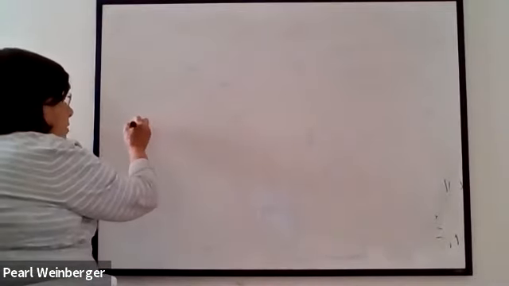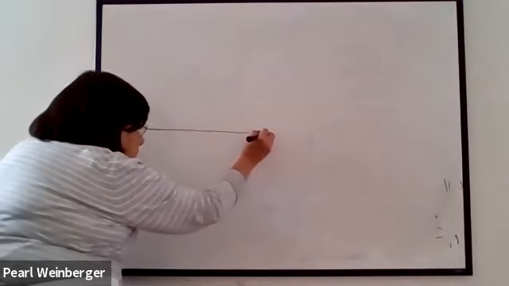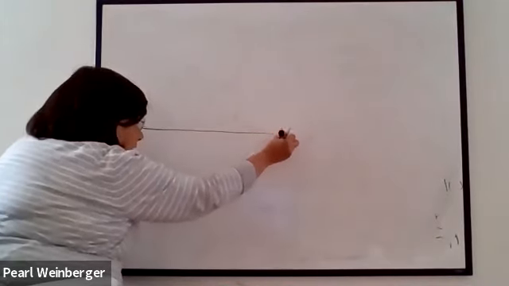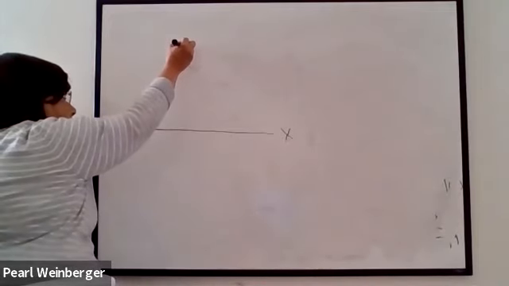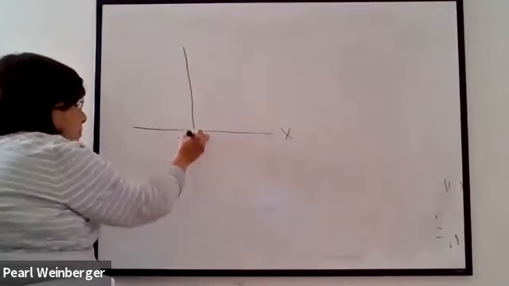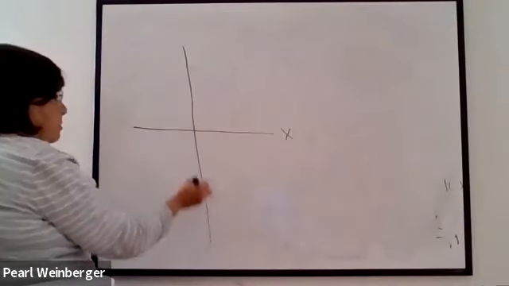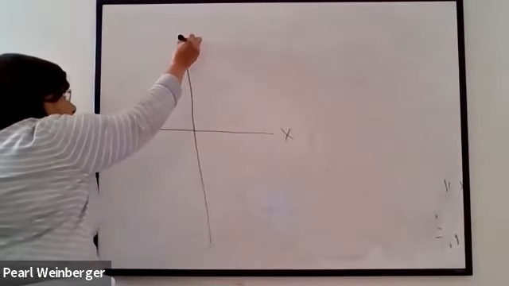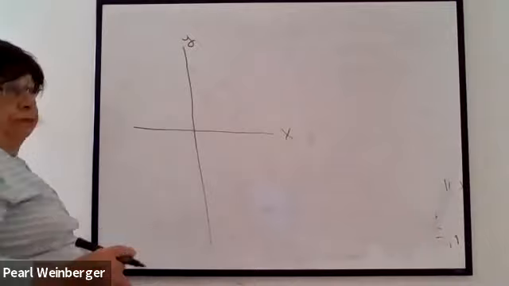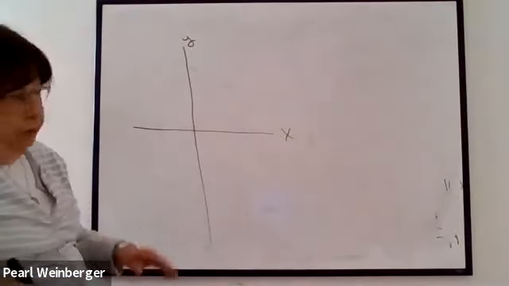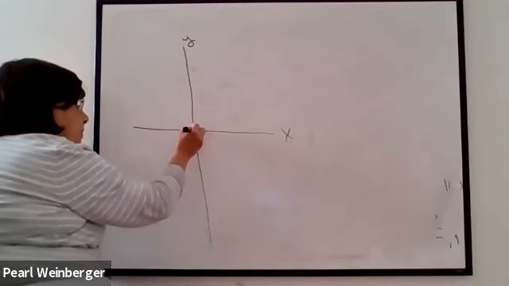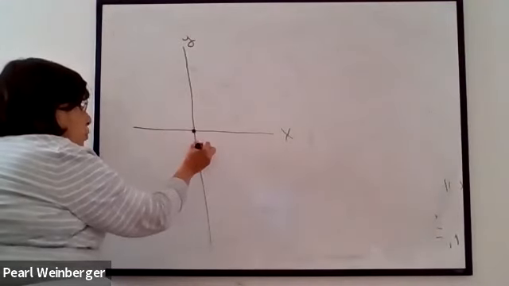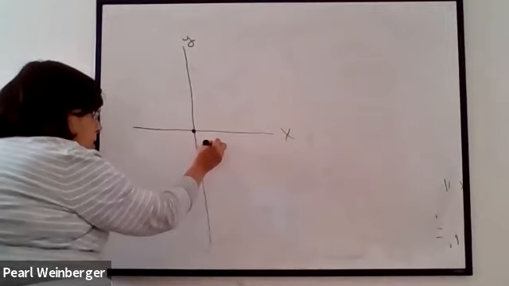We're going to have a horizontal line, which we call the x-axis. And then we're going to have a line going up and down, a vertical line, which we're going to call the y-axis. I'm sure you've all seen this before. The point where they meet is what we call the origin.